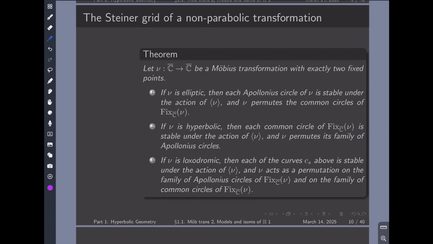And again, in the case of a rotation, the common circles are the straight lines through the origin, and each such straight line under rotation is mapped to another such straight line, which is another common circle in C bar through 0 and infinity. So what happens for an elliptic transformation? The set whose elements are the common circles gets permuted.